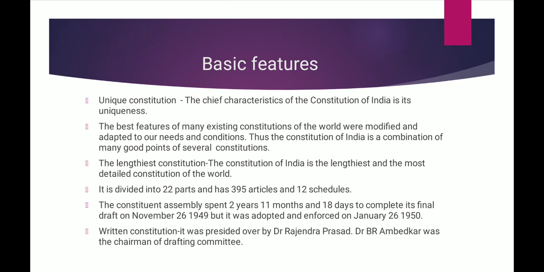The Constituent Assembly spent 2 years, 11 months, and 18 days to complete its final draft on November 26, 1949. But it was adopted and enforced on January 26, 1950.